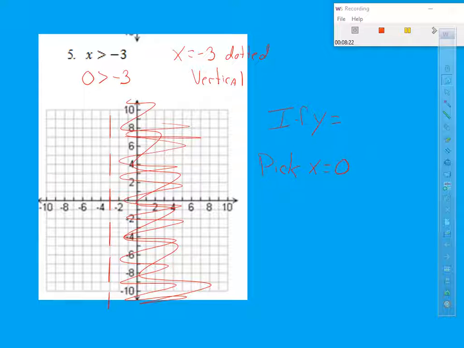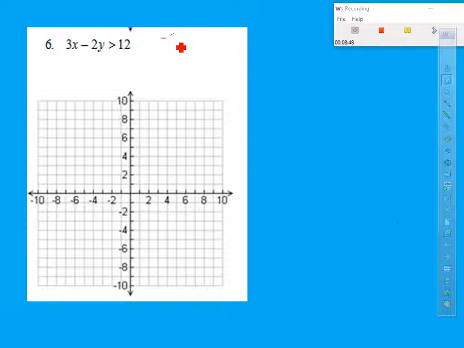Now, I'm going to go ahead and jump on number 6 because it's got another thing I need to remind you about. So here's our number 6. I've got 3x minus 2y is greater than 12. It's not solved for y, so let's solve it for y. So I've got negative 2y is greater than negative 3x plus 12.